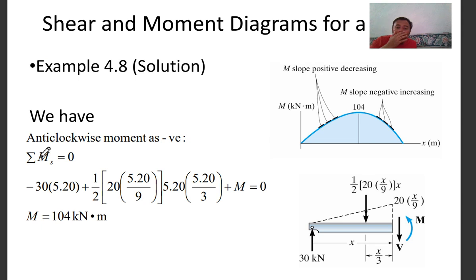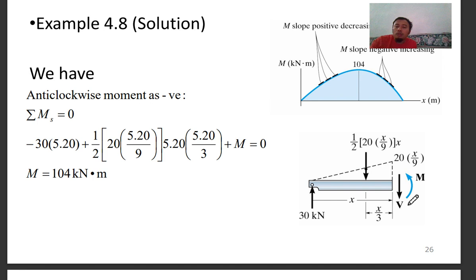Okay, next is the bending moment diagram. As we discussed before, we assume the moment is positive. So calculating your bending moment here to achieve equilibrium, you analyze your moment at point x. We're analyzing at x equal to 5.2 meter. So there you have it, 30 times your distance x, which is 5.2.